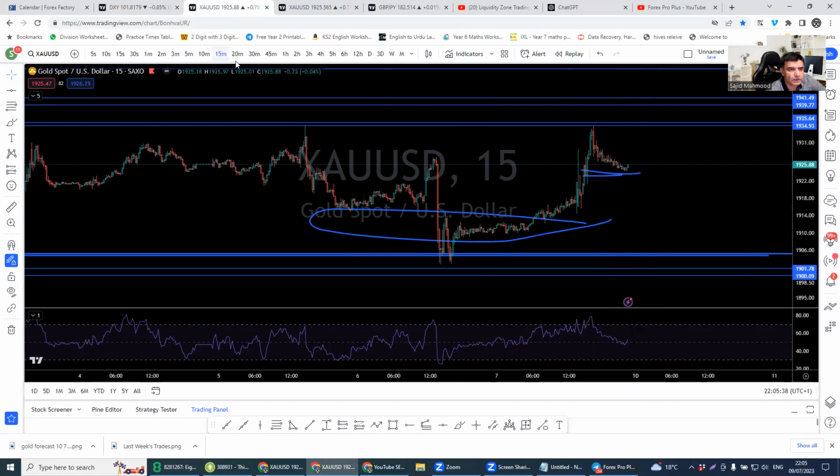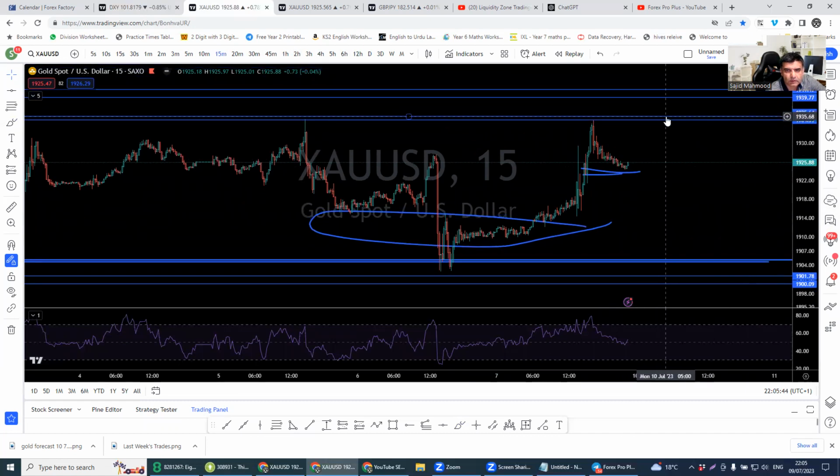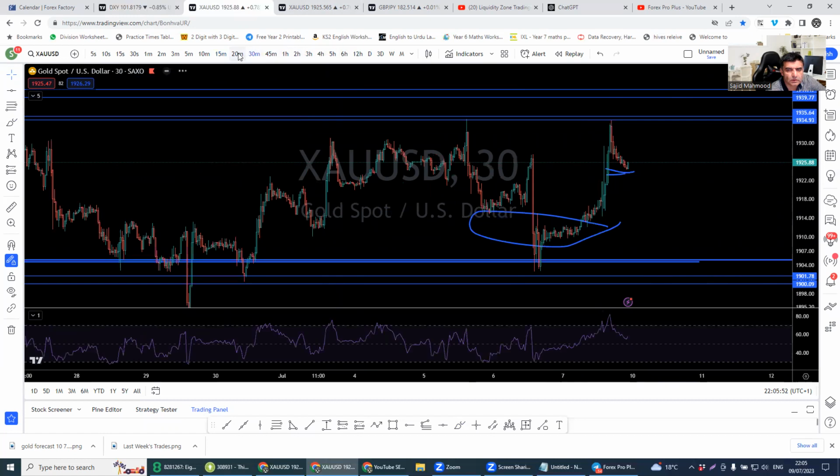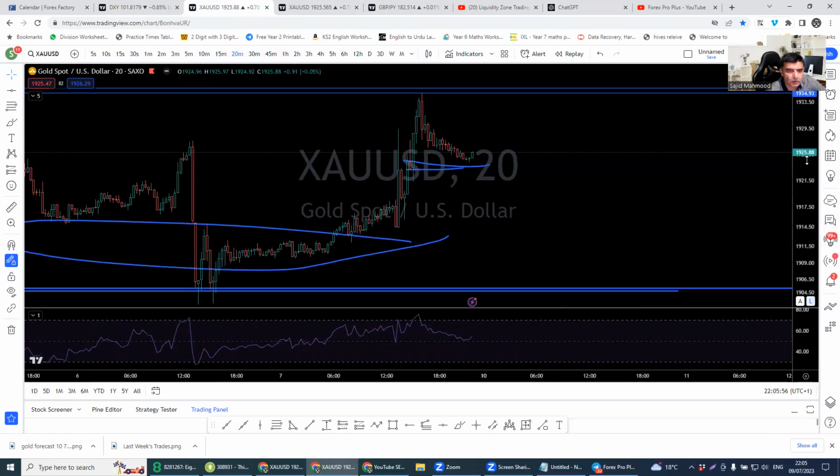So if this candle keeps carrying on bullish, the possibility is to go to this level. And the 15-minute chart. So let's see.